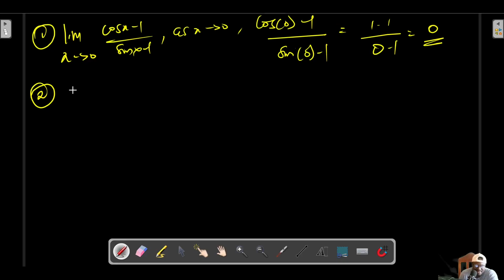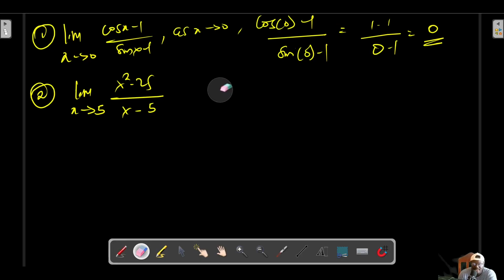Now the next one, the limit as x is approaching 5 of the expression x squared minus 25 over x minus 5. In the previous lecture, I told you that whenever you have a limit expression, and after you've done the direct substitution or applied the limit rules, you realize you are getting 0 over 0, I gave you 3 things you do. You check if the numerator or the denominator contains a polynomial. You try as much as possible to factorize that polynomial, either on the numerator or the denominator, to cancel out some of the factors.